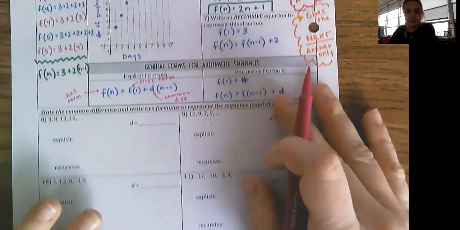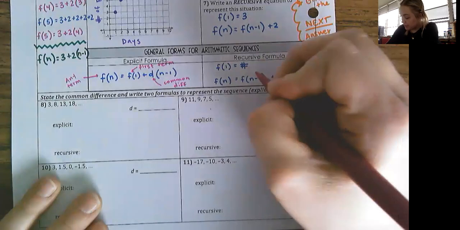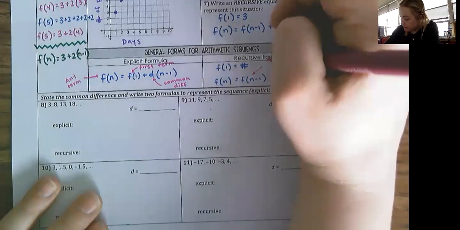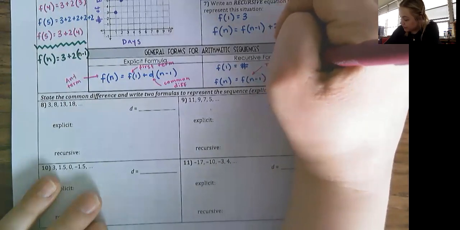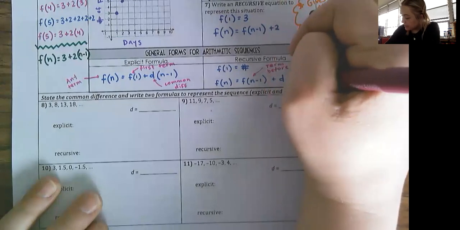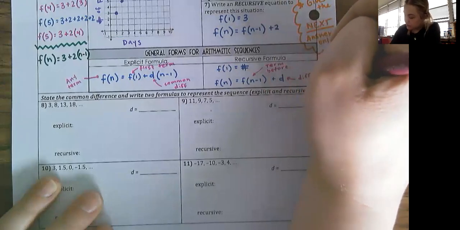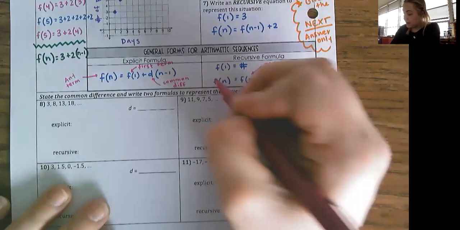Okay, so let's explain this a little bit. Again, f of n is any term in the sequence. This right here, f of n minus 1, is the term before. And d is the difference. Okay, so we've got our any number. F of 1, that's just the first term here.